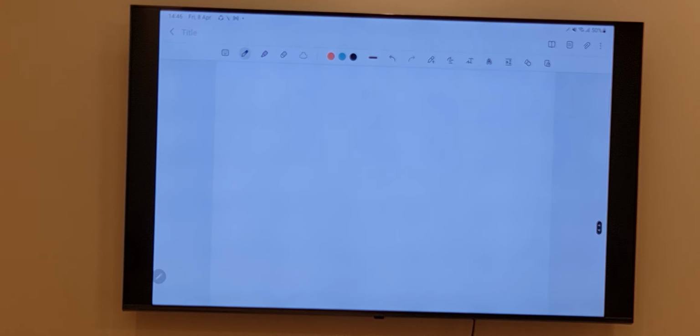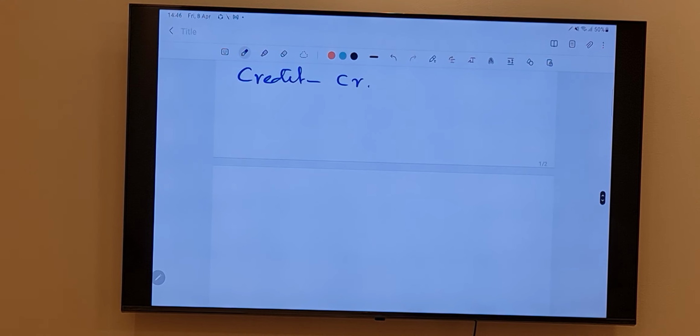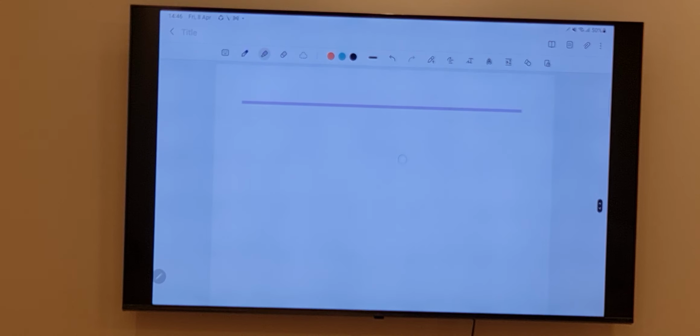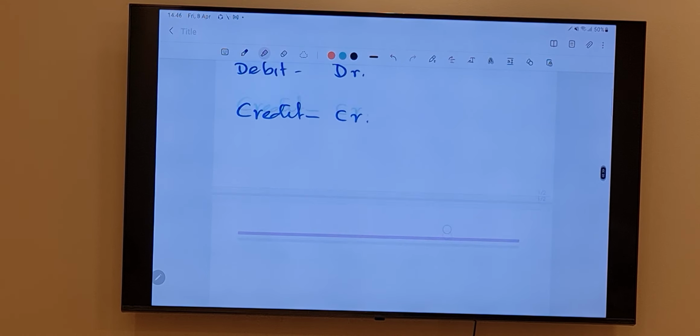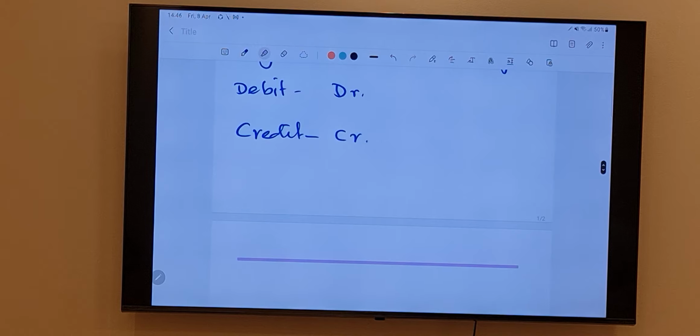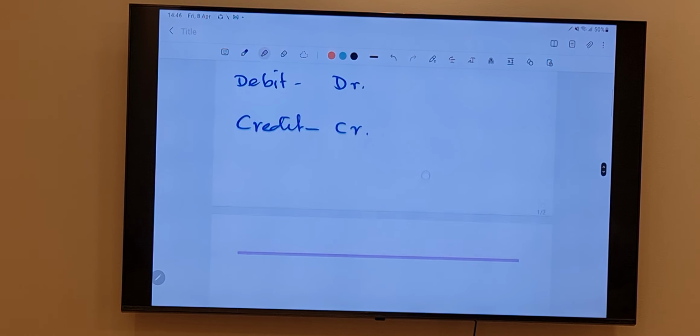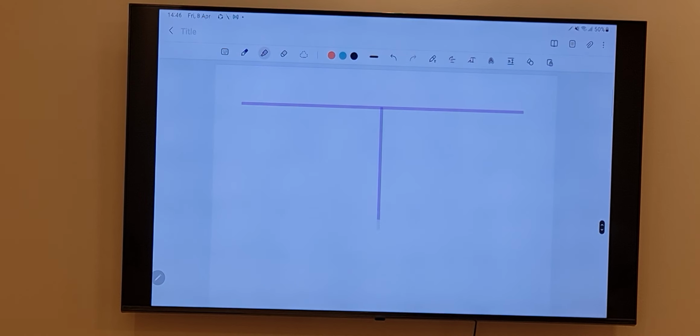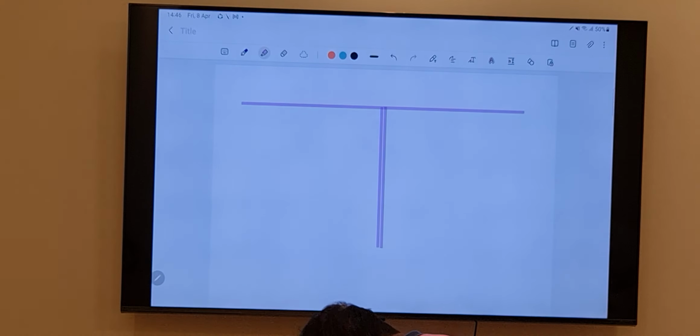And how does a ledger look like? A ledger has two sections.